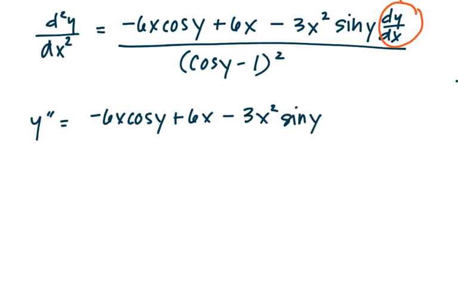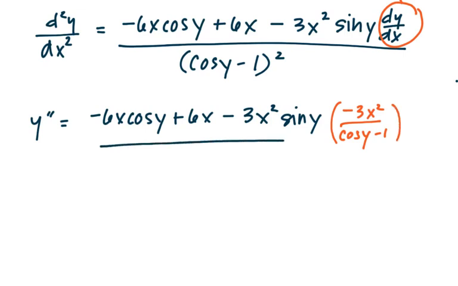And then what I'm plugging in is negative 3x squared over cosine y minus 1. Again, all of this is still over that entire denominator squared.